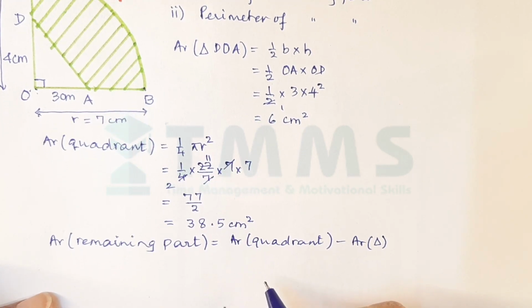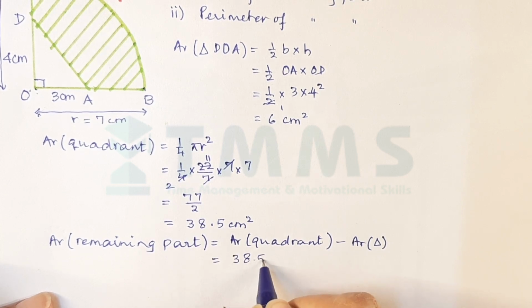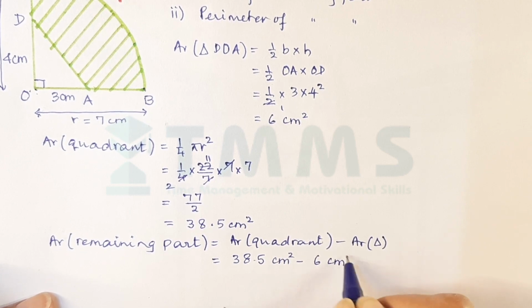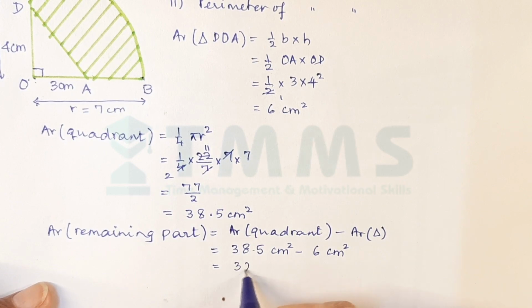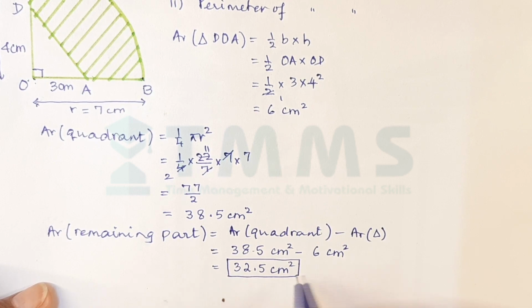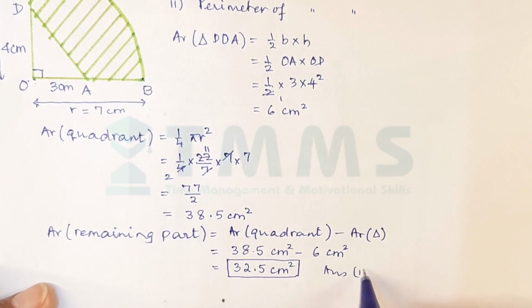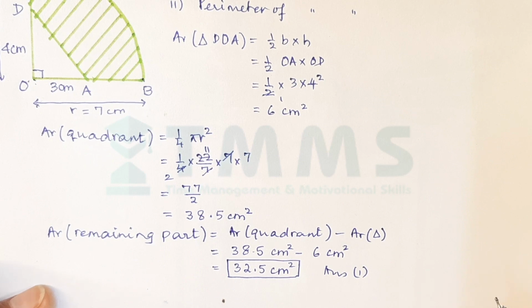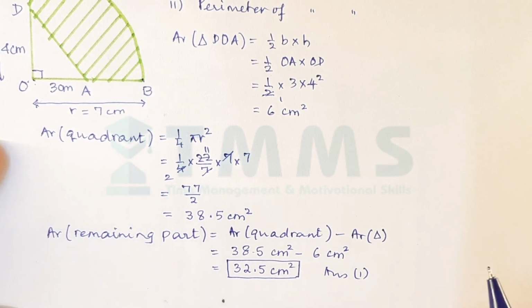And that is going to give us area of quadrant, 38.5 centimeters square, minus 6 centimeters square. That gives us 32.5 centimeters square, and that is our Answer 1. Did we get that? All right, that is fine.